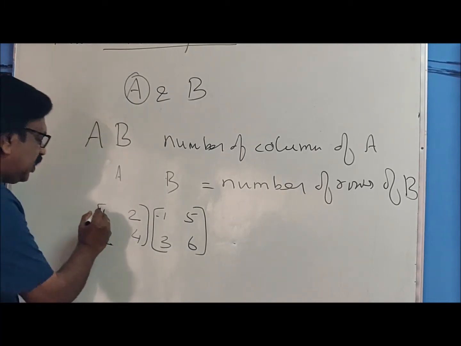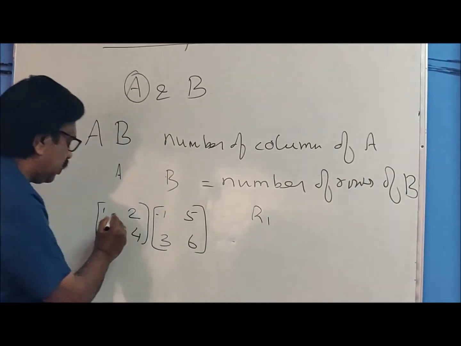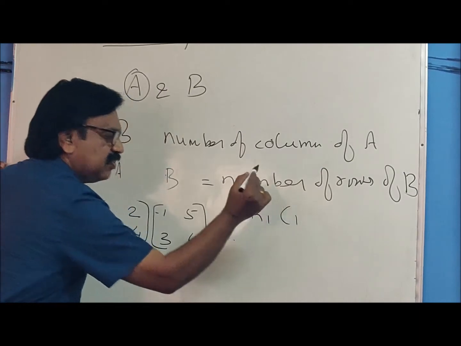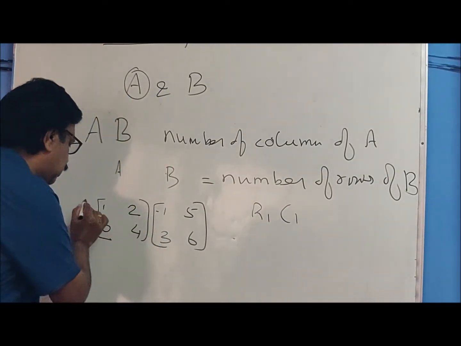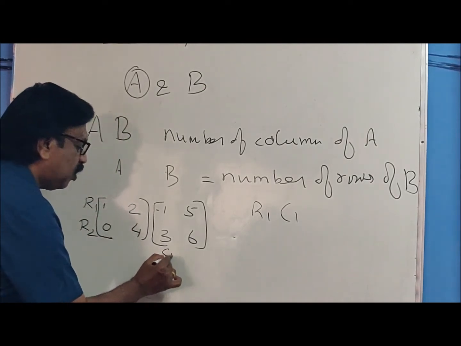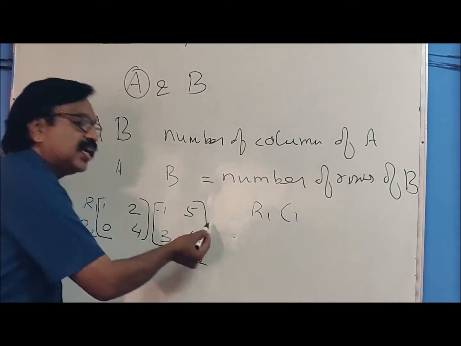Now we will see how we multiply. We take the first row and combine it with the first column, that is R1, C1. This is the first row, this is the second row, and this is the first column and the second column of the second matrix.